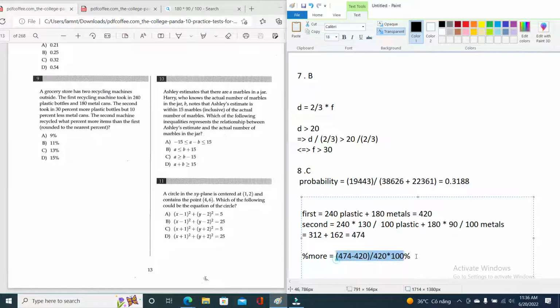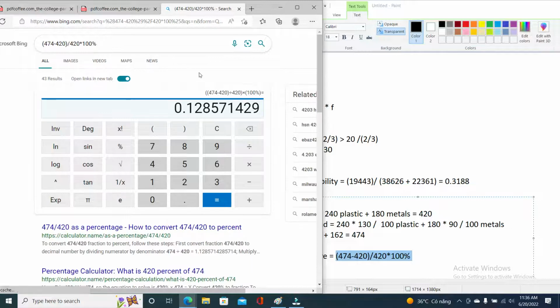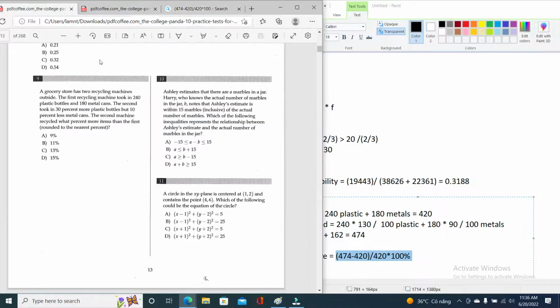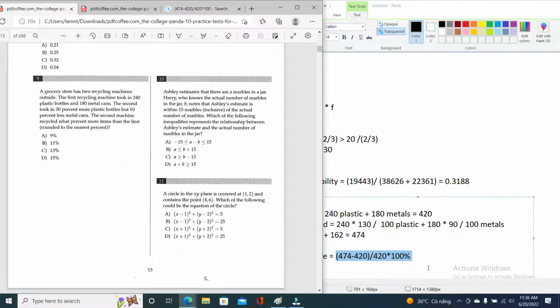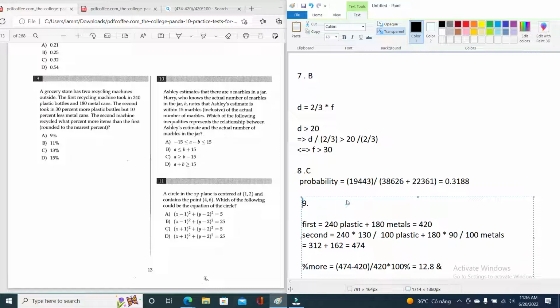So 420, that's beautiful. That's about 12.8%, right? So 12.8 is actually about 13. So number 9 is actually 13.